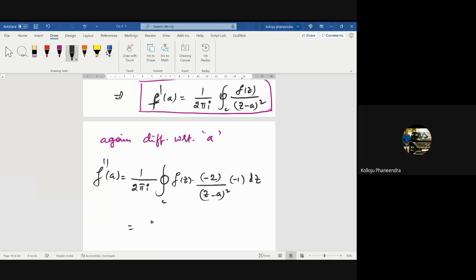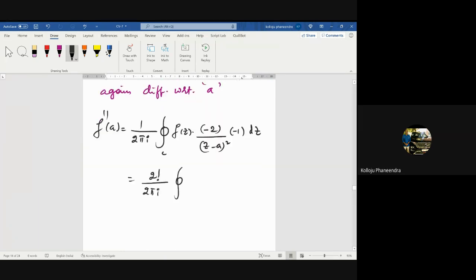This equals 2 factorial by 2 pi I integral over C F of Z by Z minus A whole cube dz. This is the F double dash A formula.